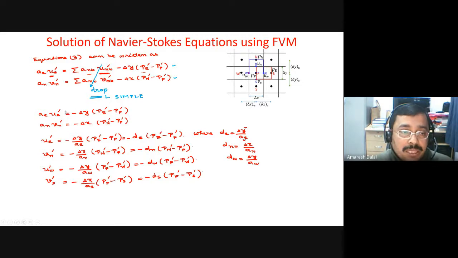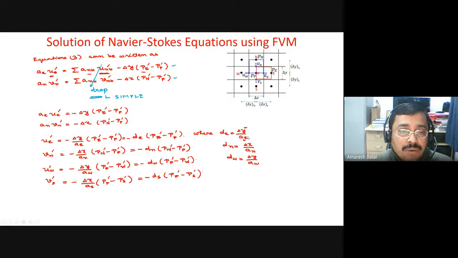Then this velocity correction we can write in terms of the pressure correction values, right? So Ue prime, Vn prime, and similarly for west face and south face you can write Uw prime and Vs prime with the coefficients De, Dn, Dw and Ds, which are represented like this.